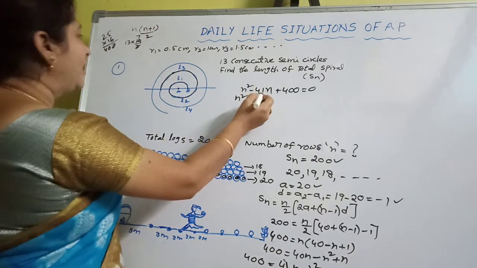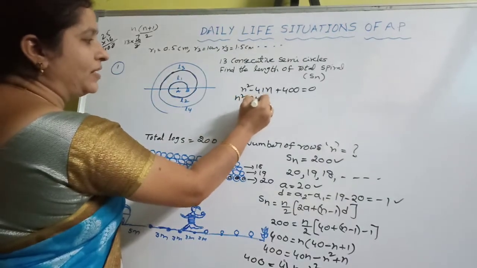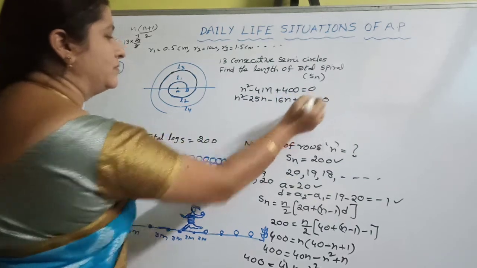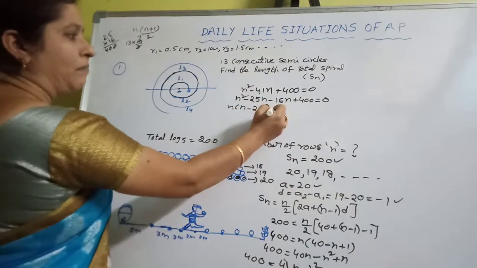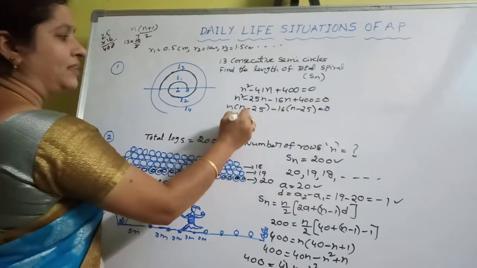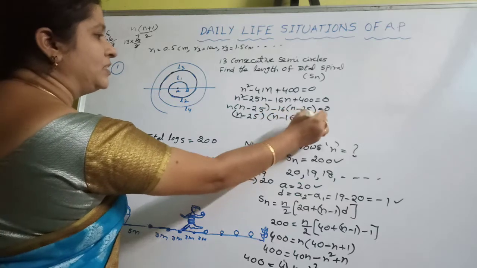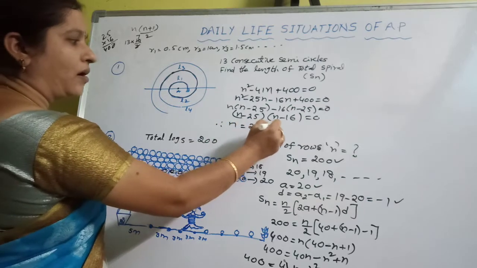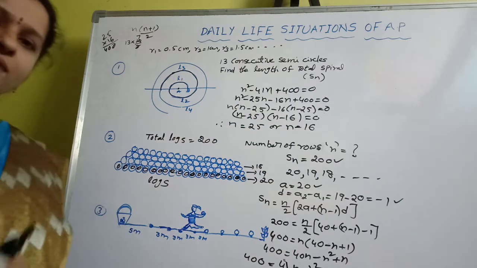So splitting the middle term using 25 and 16: n squared minus 25n minus 16n plus 400 equals 0. Take n common: n into (n minus 25) minus 16 (n minus 25) equals 0. So (n minus 25) into (n minus 16) equals 0. Therefore n equals 25 or n equals 16. Here we got two values of n, 25 and 16.